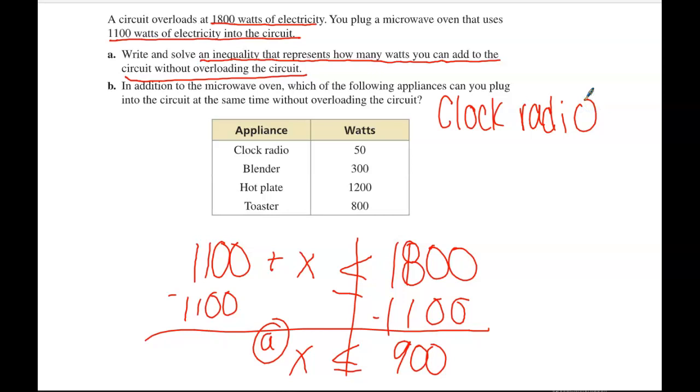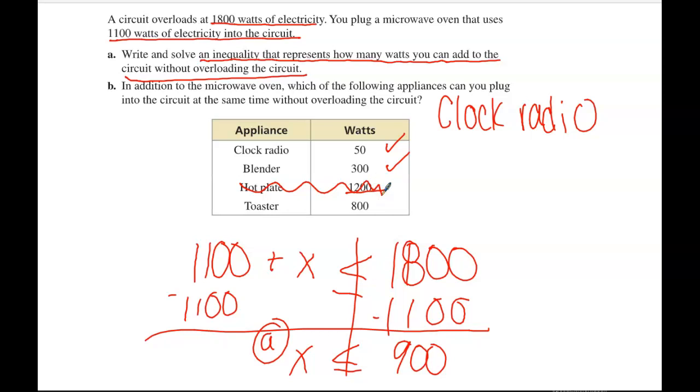Okay, so this one works. How about a blender? Yep, because 300 is less than 900. How about a hot plate? Is 1,200 less than 900? No, so this one cannot, because that would overload our circuit, right? It's greater than 900.